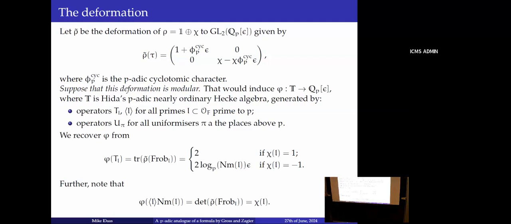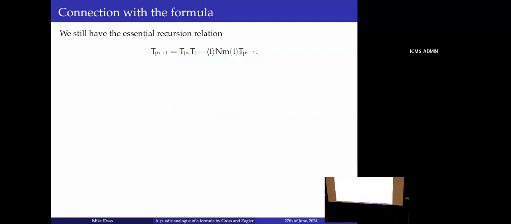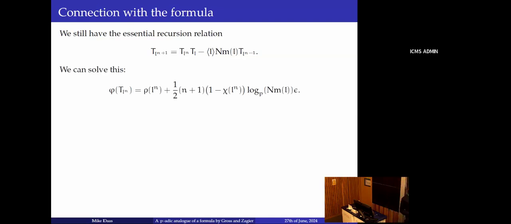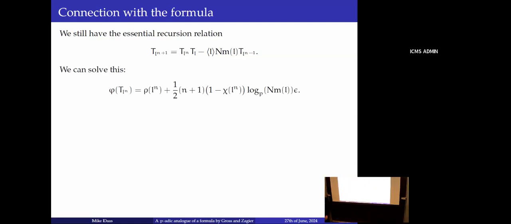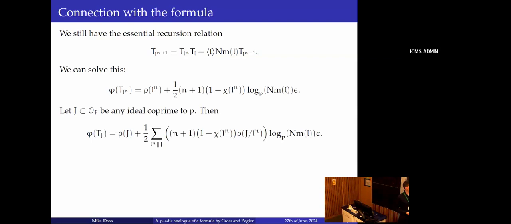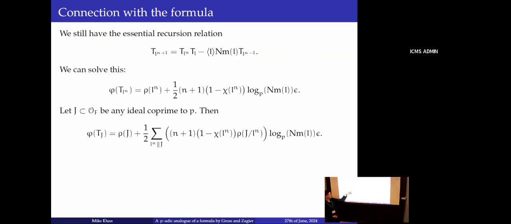And once you have these two values, then we still have this beautiful recursion relation that we all know and love. It still holds in this case. And you can solve this recursion and get some kind of formula for these Hecke operators, and then for any prime power, and then for any ideal, just multiply some of these things together, as long as it's co-prime to P, I just get this very explicit formula.